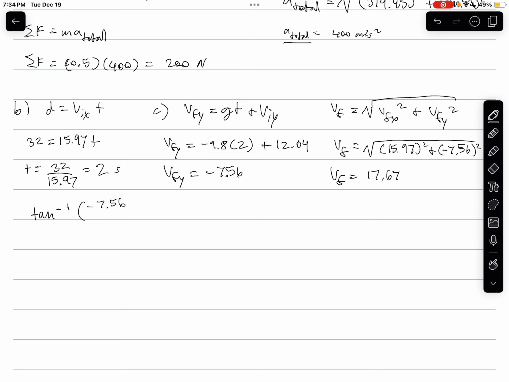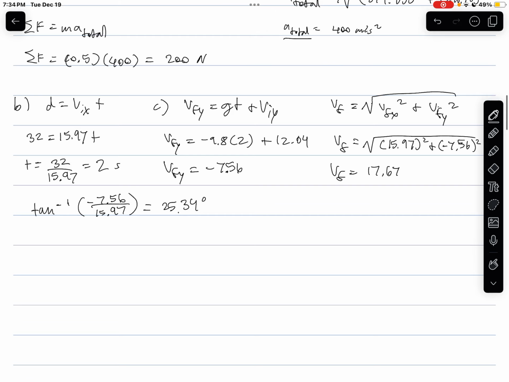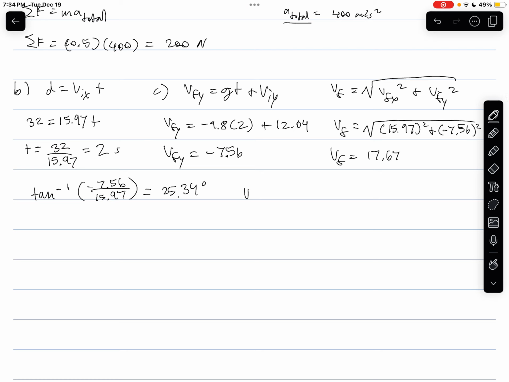I think I should use negative. Now I think about negative 7.56 over 15.97. So the theta is going to be 25.34 degrees.